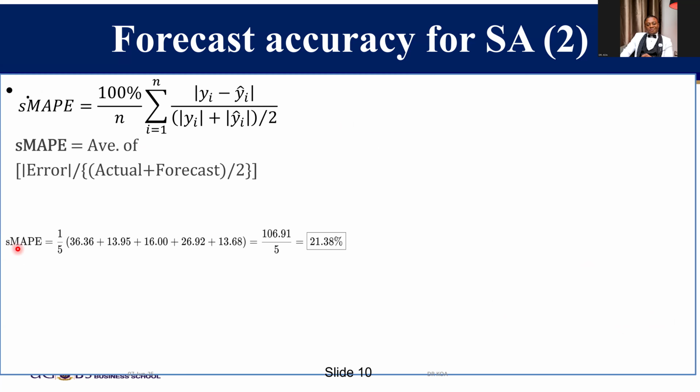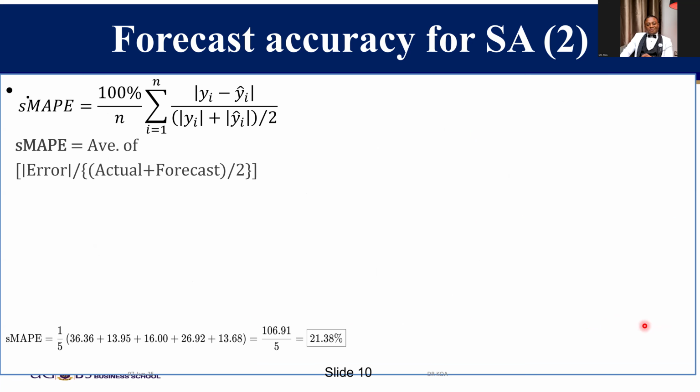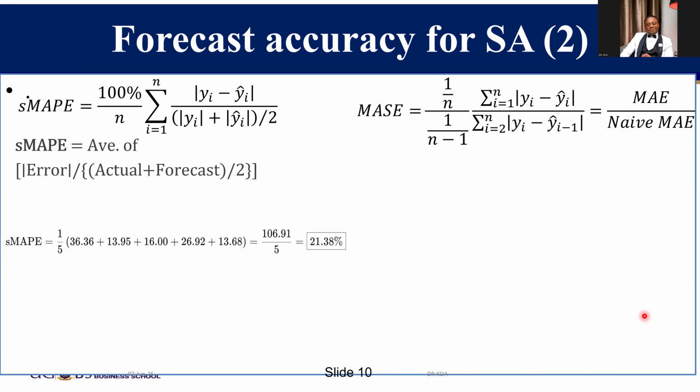When you substitute each of these values quickly, you're going to get 21.38. If you check it, it's slightly above the MAPE. The MAPE is 19.215. This one is 21.38. So our last one is the MASE.